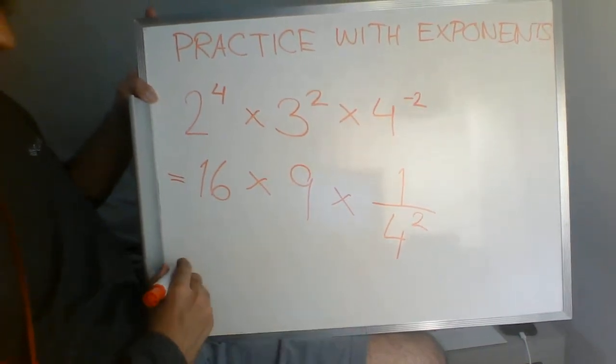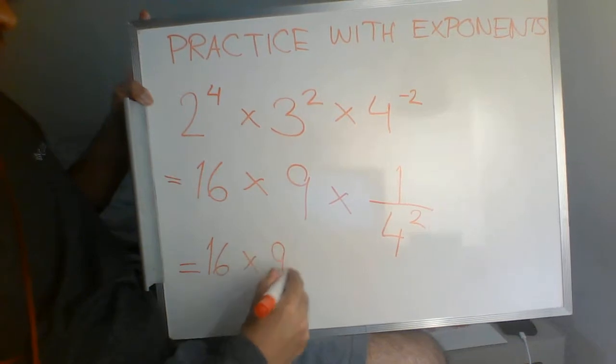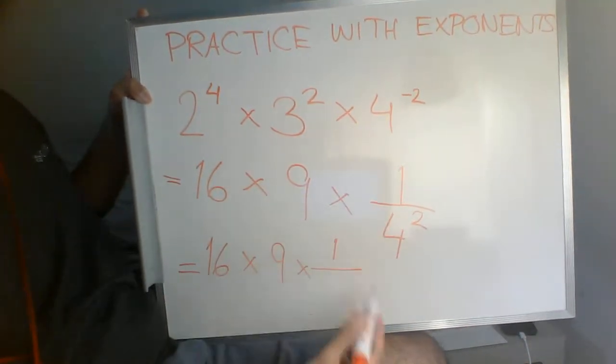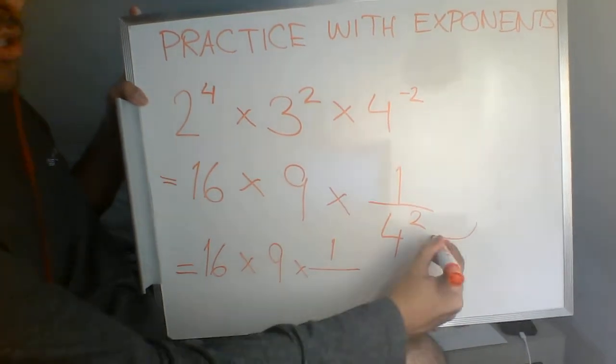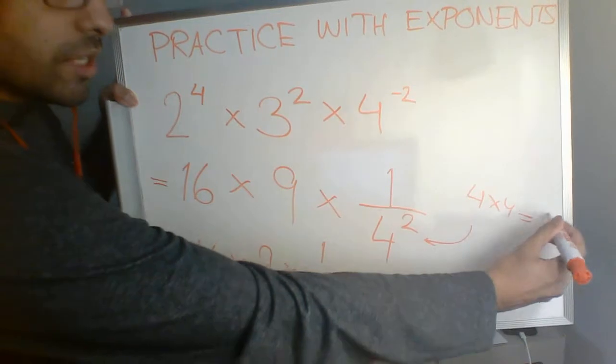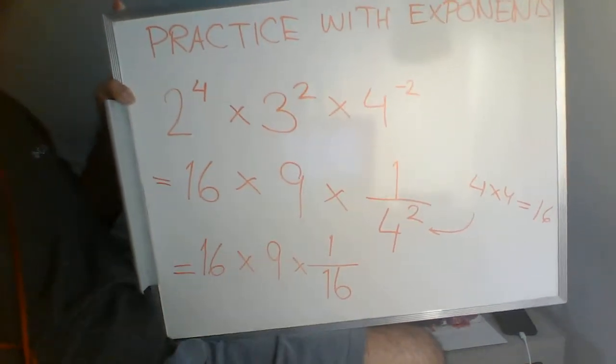Let me rewrite that now. We've got 16 multiplied by 9 multiplied by this fraction, 1 over something. That denominator, 4 squared, is the same as 4 times 4, which is equal to 16. So we've got 16 in our denominator there.